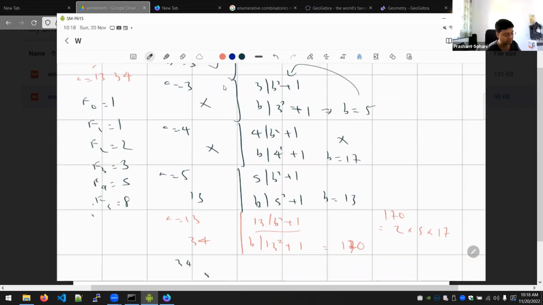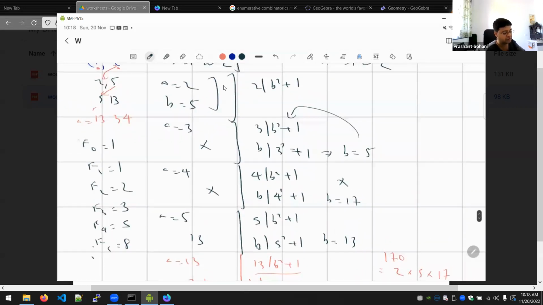Yes, correct, as per the same pattern. So, in general, what claim can you make? If we define the Fibonacci sequence in this way, what will A and B in general be?